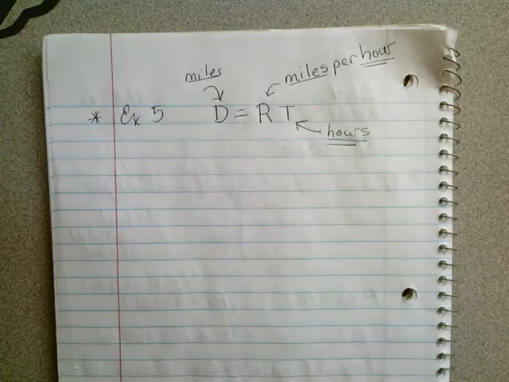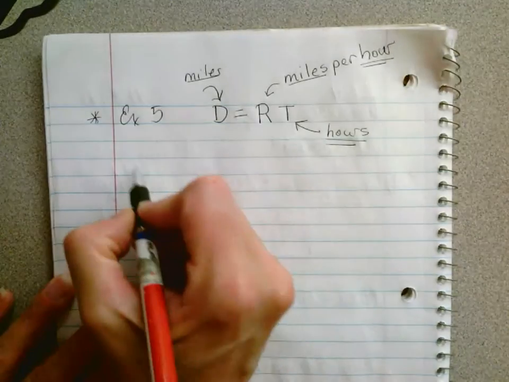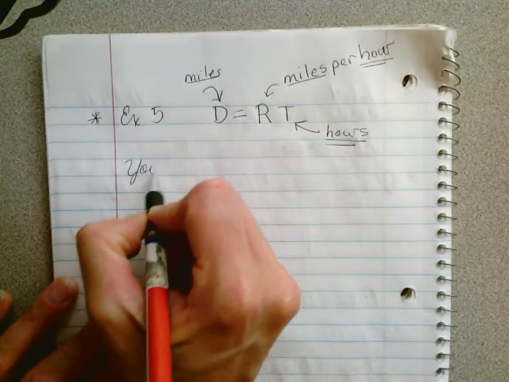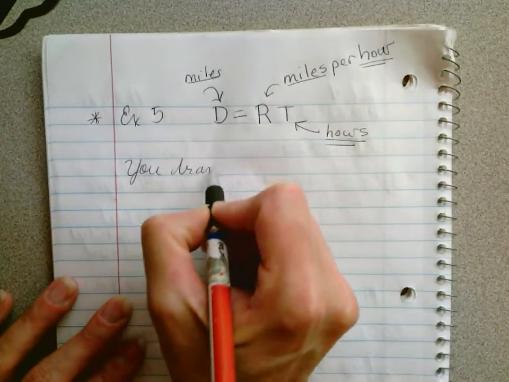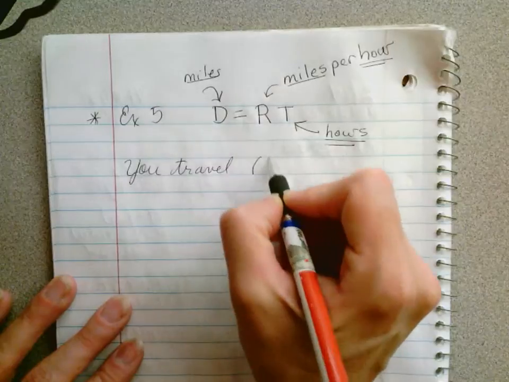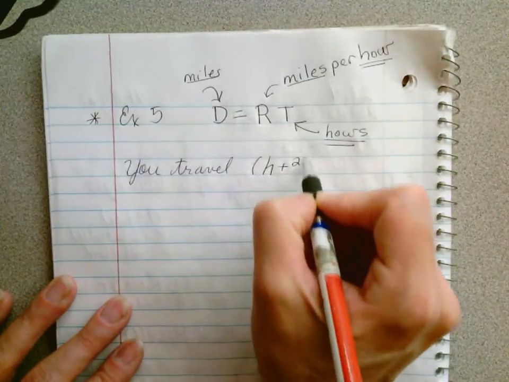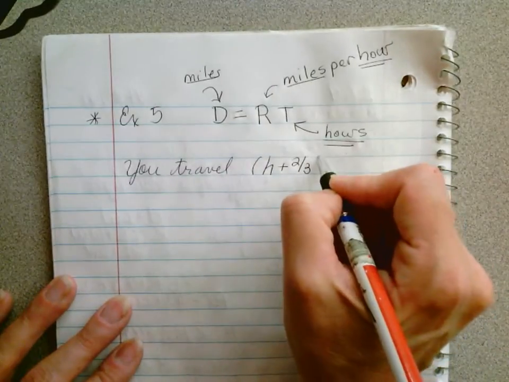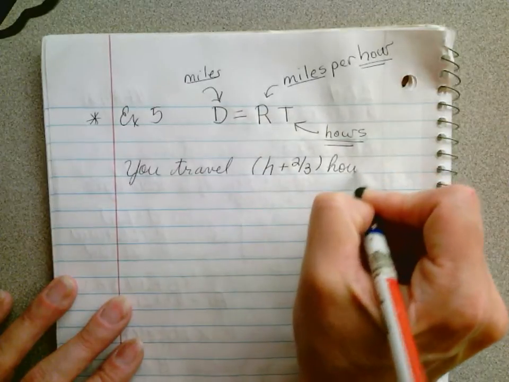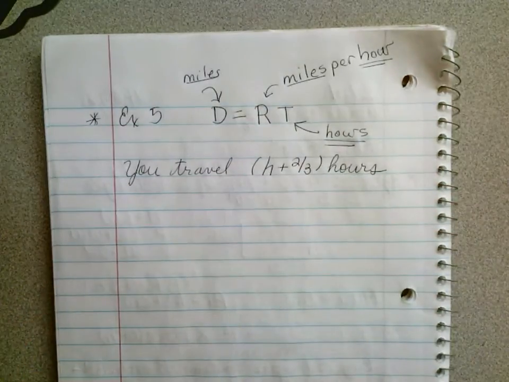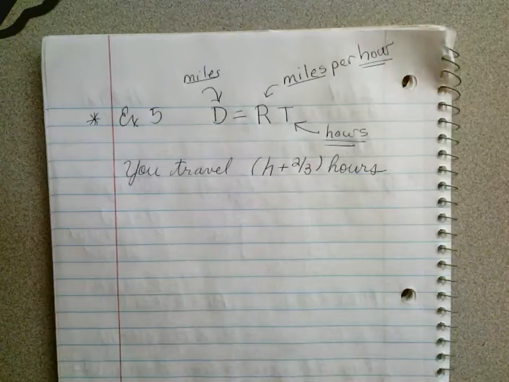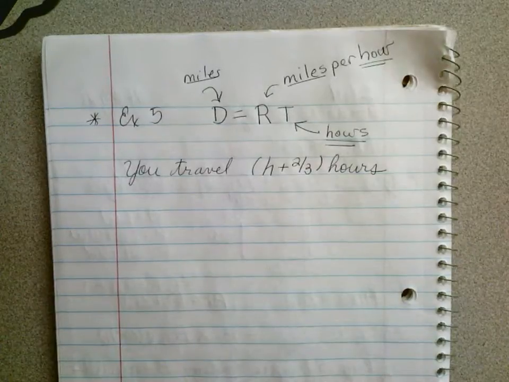So time, distance, rate. Here's my example 5. This may seem nonsensical to you, but this type of thinking is going to be useful later.